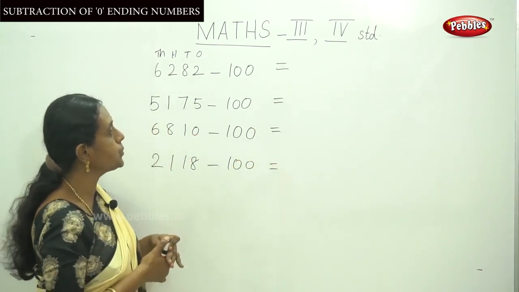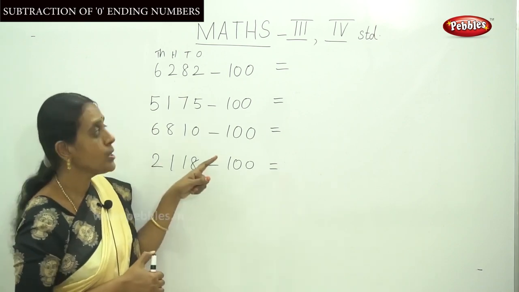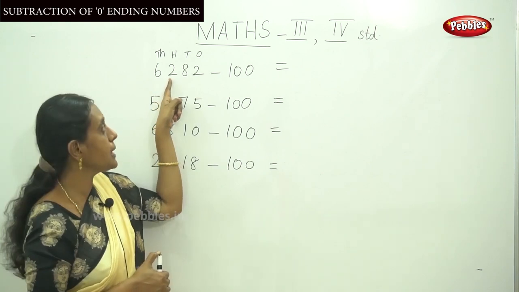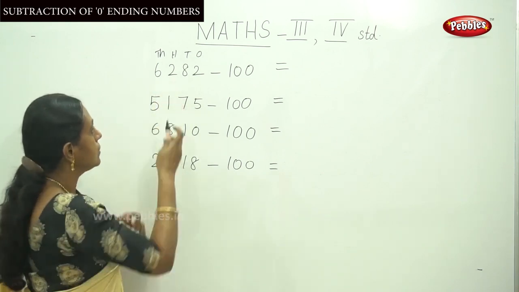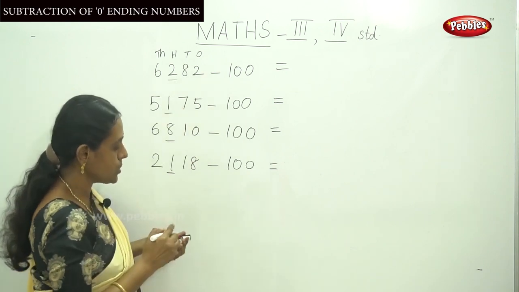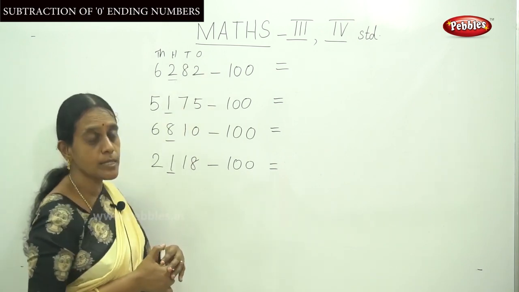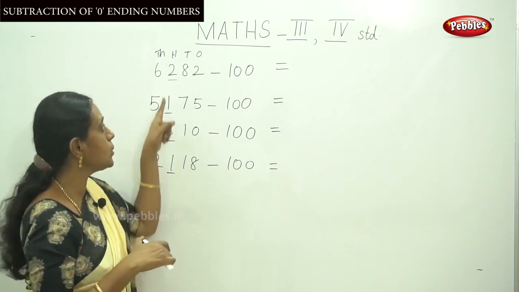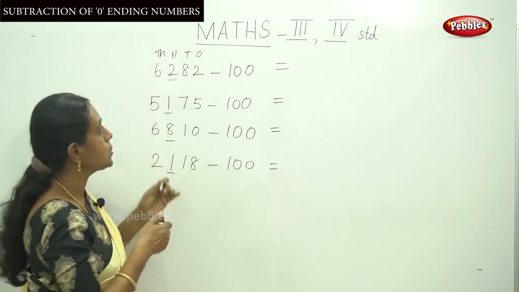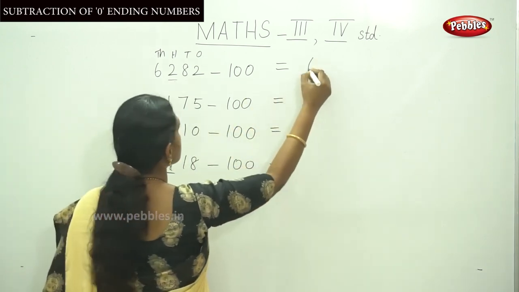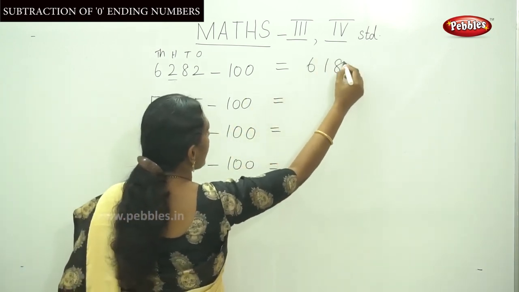Now we are going to do subtraction of 100. So you should focus on the hundreds place of the number. This is ones, tens, hundreds. So this is the hundreds place number. Because of the subtraction, you write down the before number of that hundreds place number. Here that is 2, and the before number is 1, so 6182.